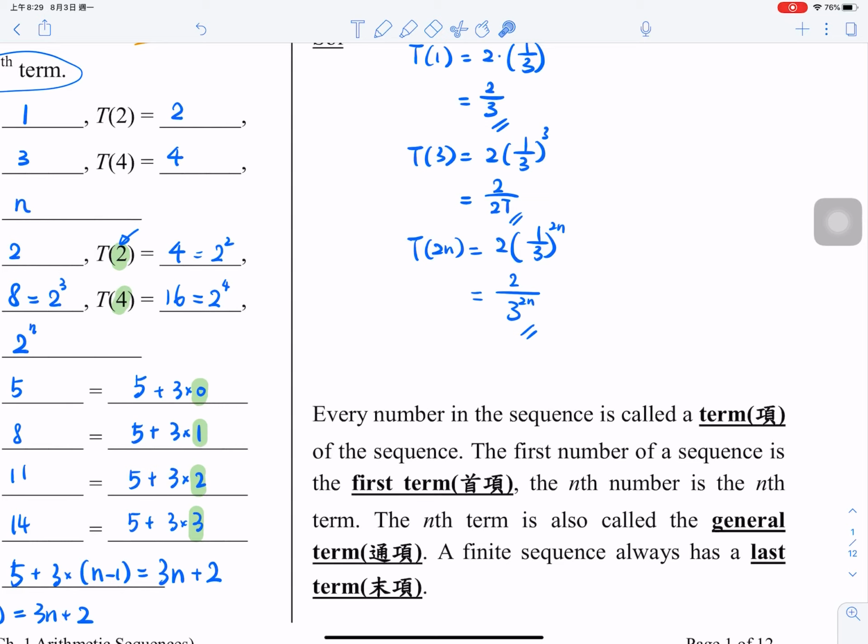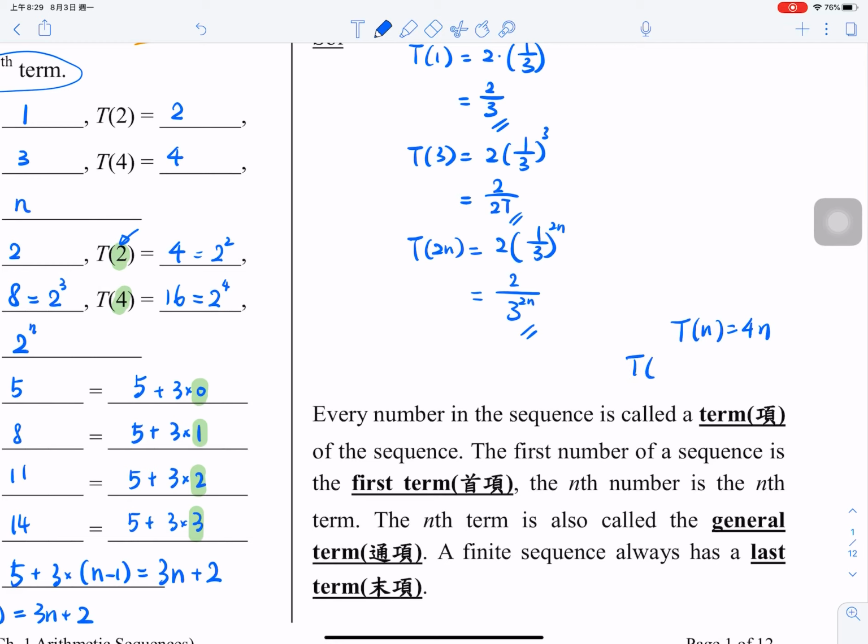Okay, so the general term can help us to find out different terms. The first term, the 10th term, or even the 100th term, you can find from the general term. Okay, for example, now we have Tn equals 4n.